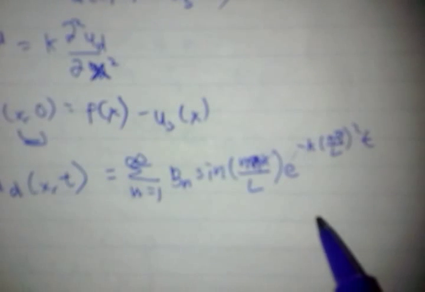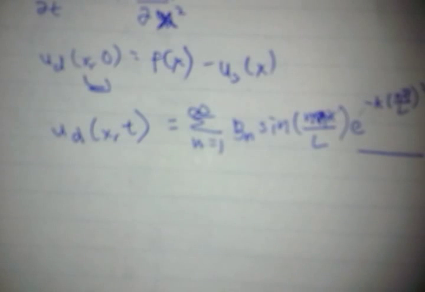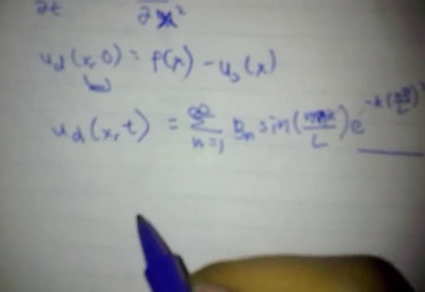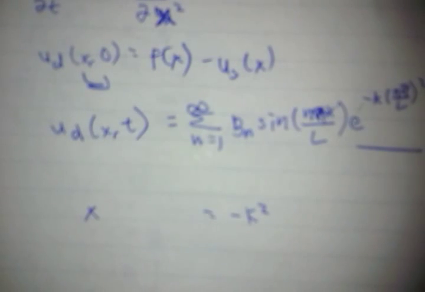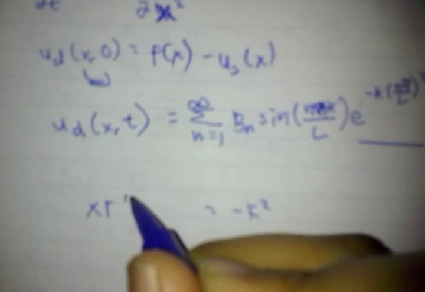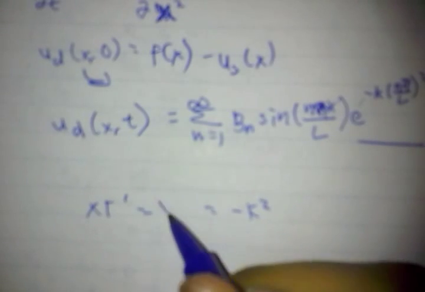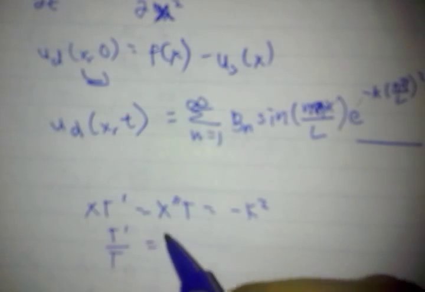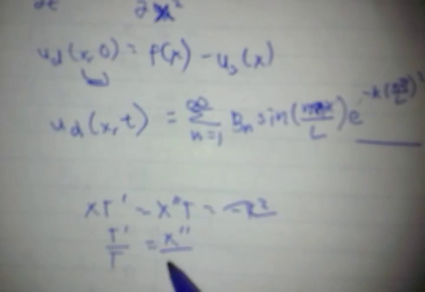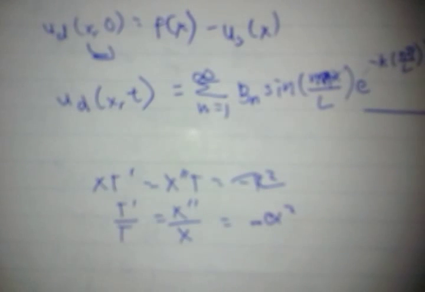And this comes from, if you remember from separation of variables, where we had it equal to this. We divide and we get T equals, I already used k, and I already used kappa, so let's use alpha.